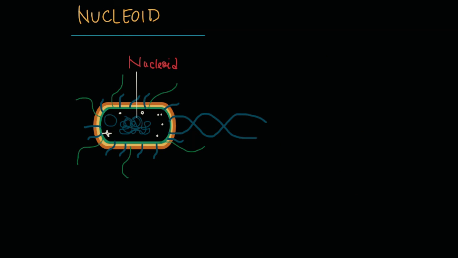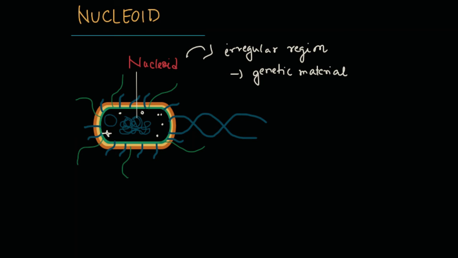Now we will discuss about nucleoid. Nucleoid is an irregular shaped region. The prokaryotic genetic material, that is the chromosome, is located in the nucleoid as these cells lack well-defined membrane-bound nuclei.